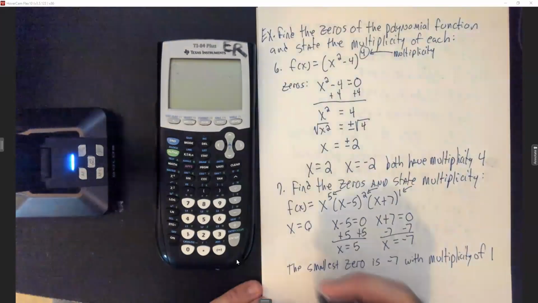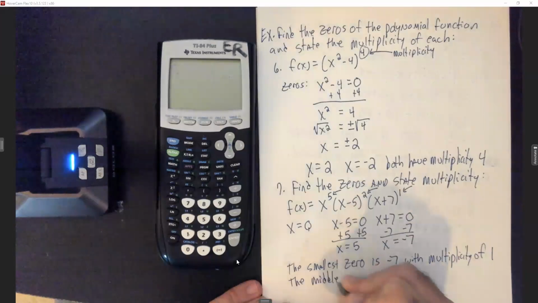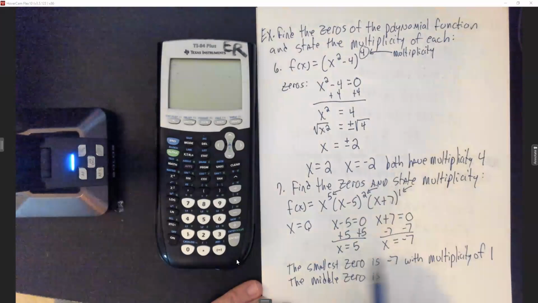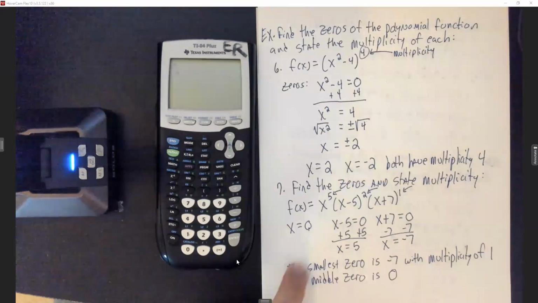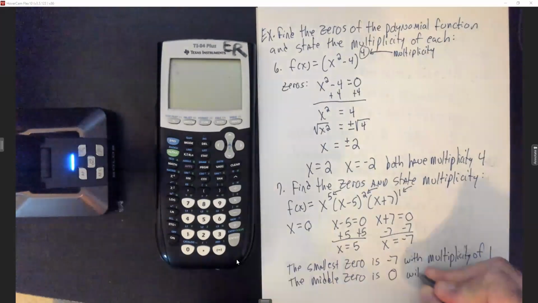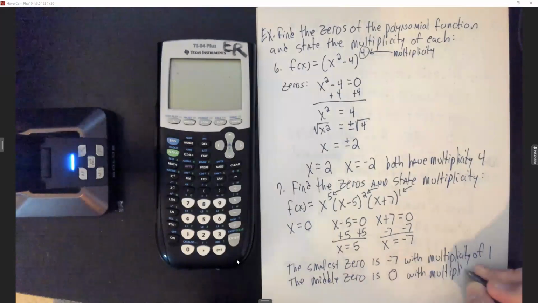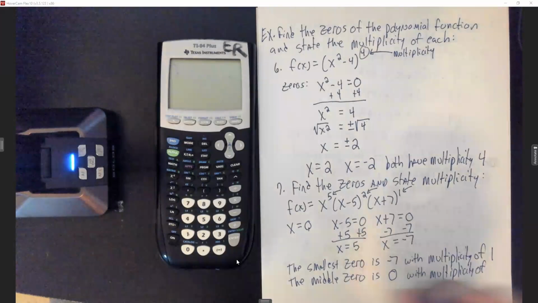So next is the middle 0. Well, the middle zero, let's say I had a -7, then I would go to my 0 and then my 5. So the middle zero is 0 with multiplicity of, so how many times did the 0 happen? Well, it had an exponent of 5, so it's going to have a multiplicity of 5.